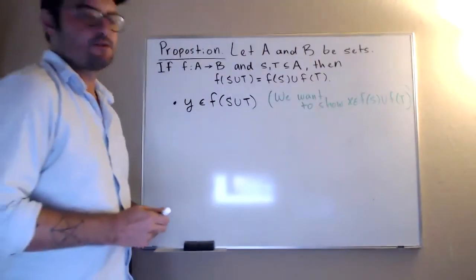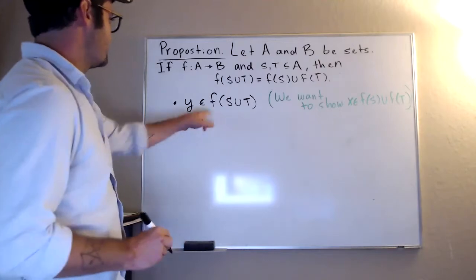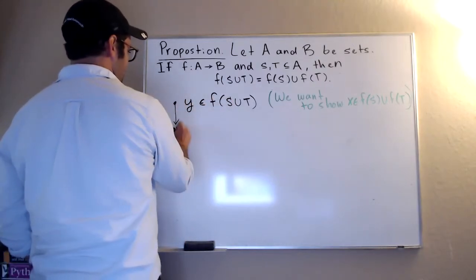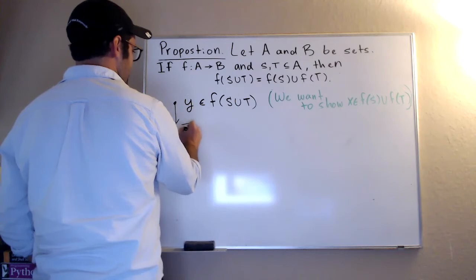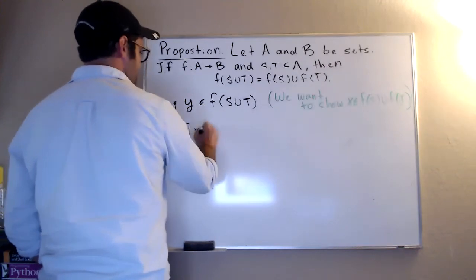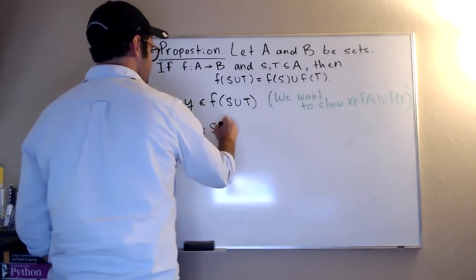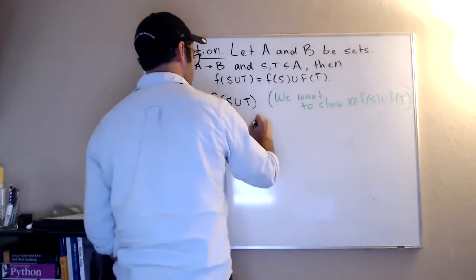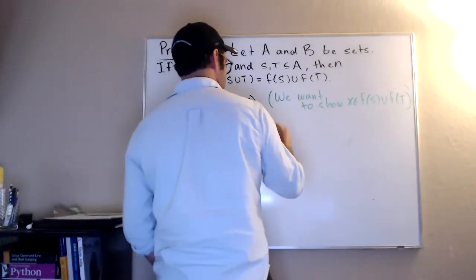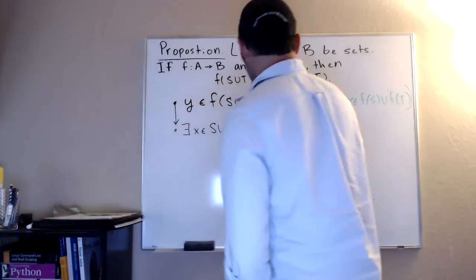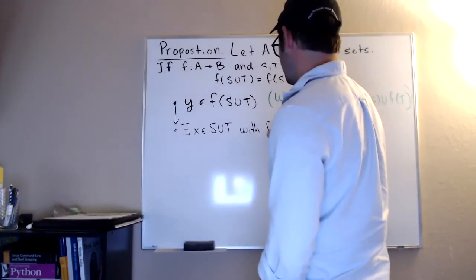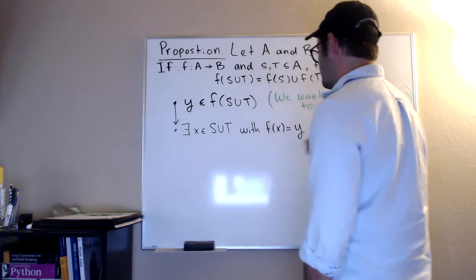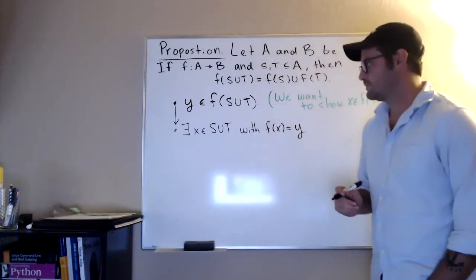So if y is an element of the image of S union T, that means there must exist some x in S union T with f of x equal to y, right?